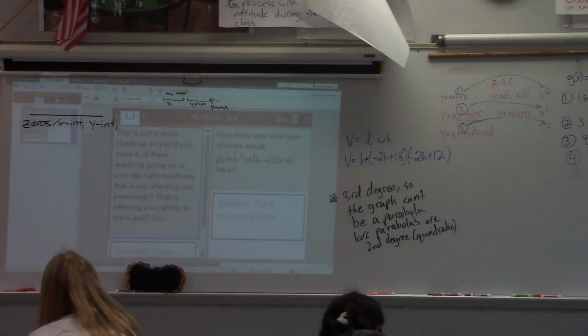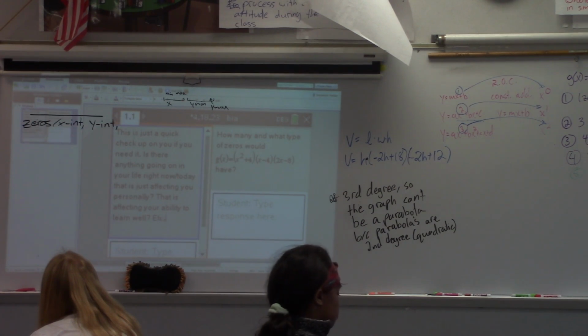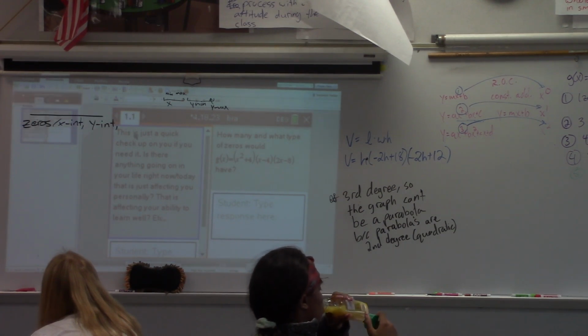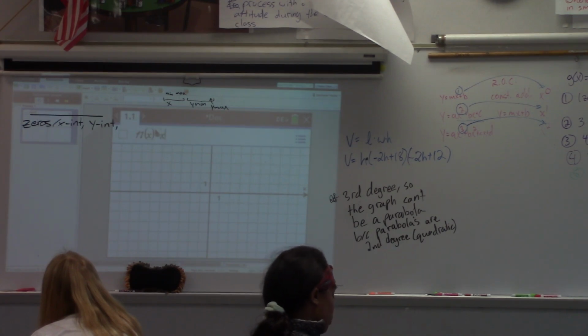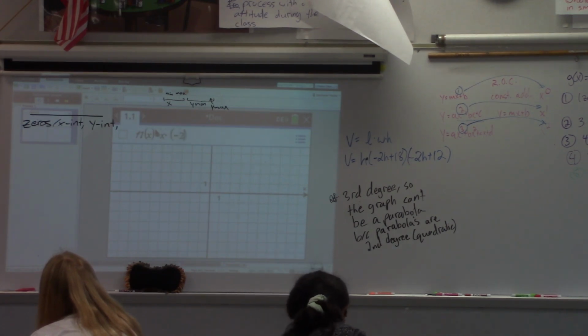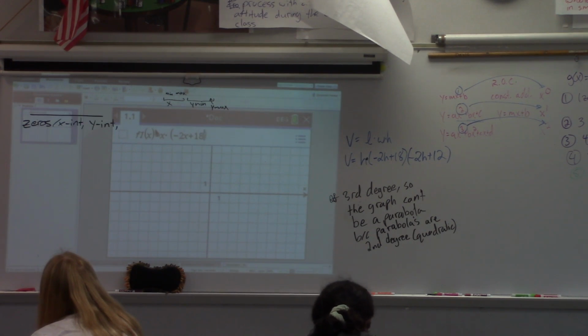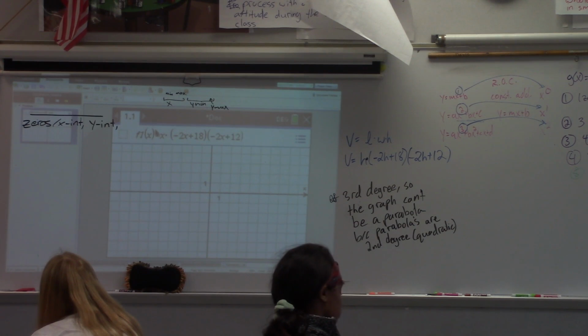What did you add? Say it louder. What characteristics should we look at for these graphs? The zeros, we already said that. Say again, Grace. I can't hear you. Roots. Roots, we already said that.